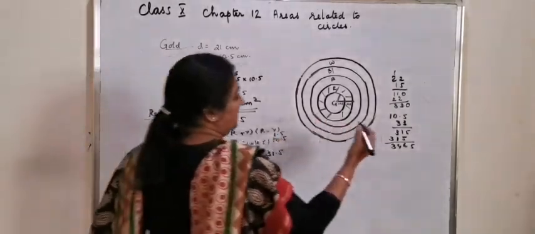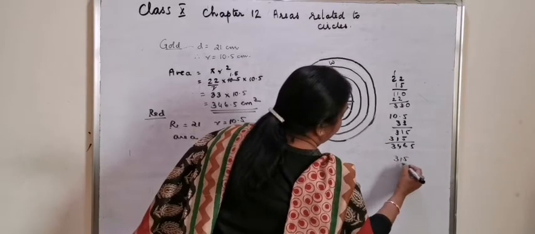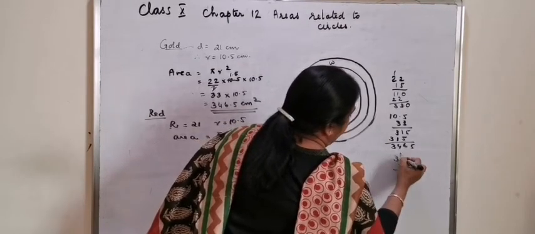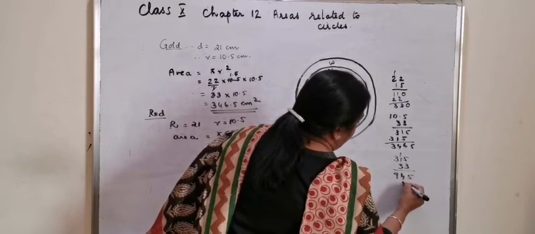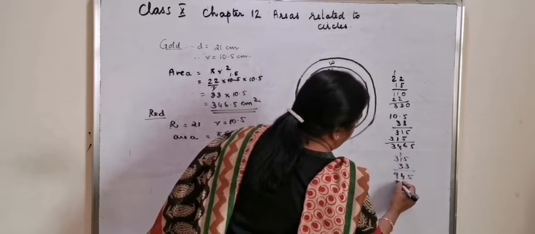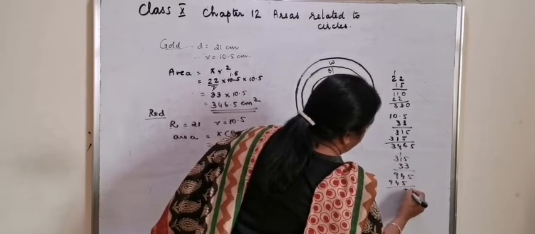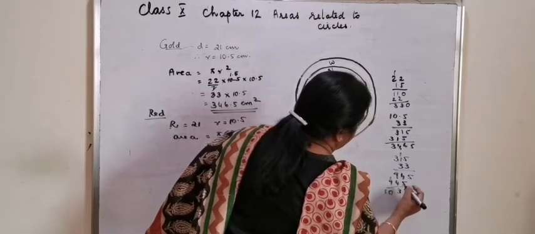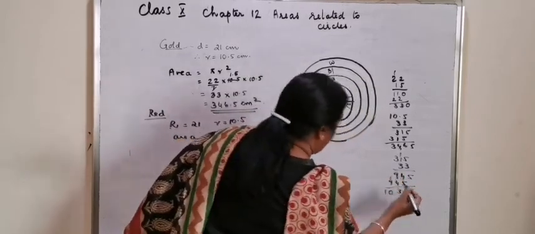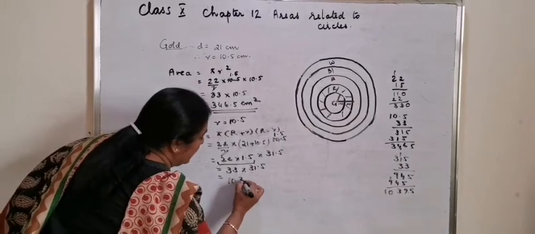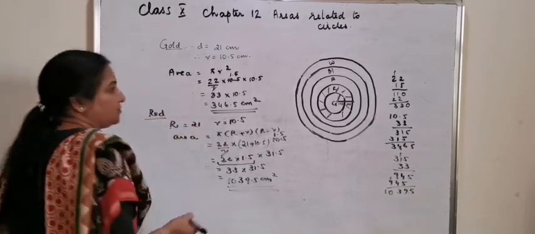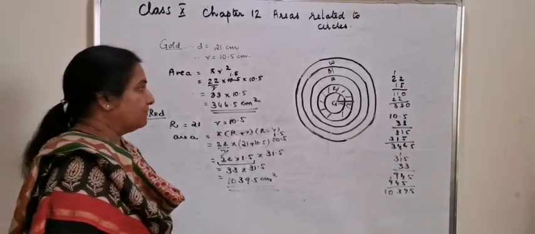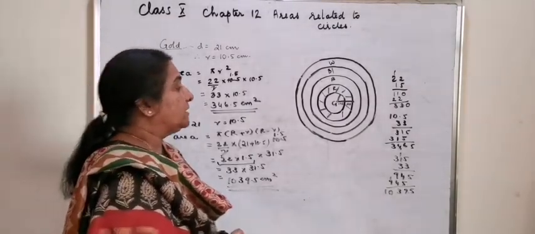So 31.5 into 33 gives 1039.5 centimeter square. And now moving on to the region with blue.